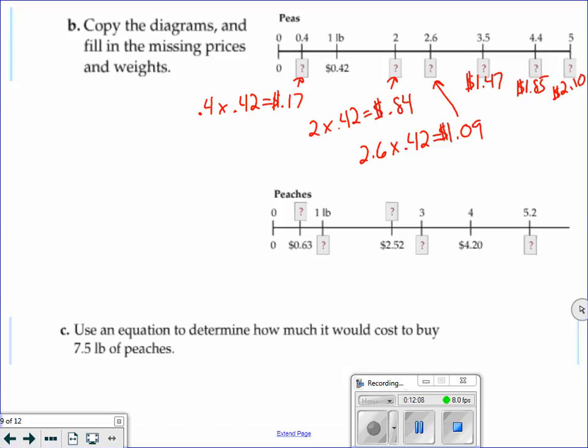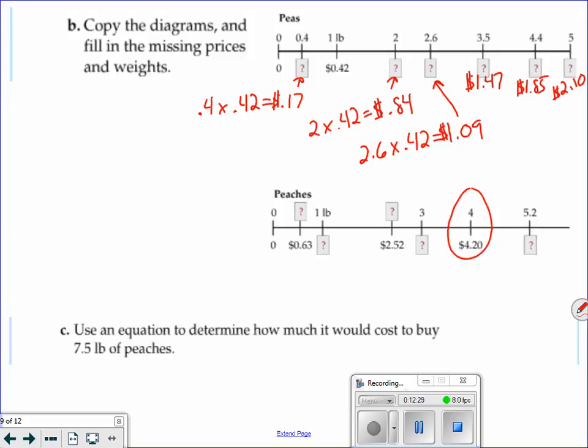Now for the peaches, again, the first thing we need to do for the peaches is figure out that unit price. So we know that 4 pounds of peaches is $4.20. We know this right here.